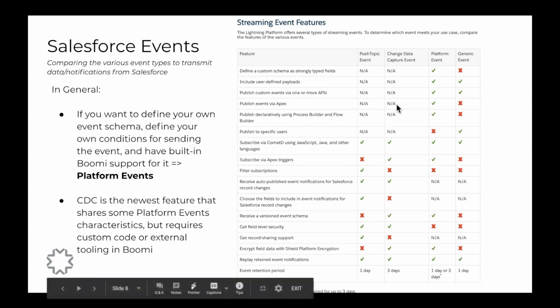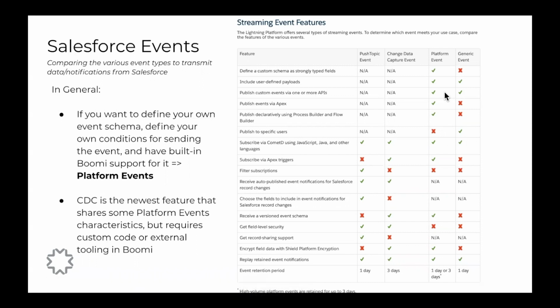Without draining this too much, the main bucket that we're going to talk about is platform events. Number one, because Boomi has a native connector for it. And then also because it has some of these core capabilities that we like from an integration standpoint. In particular, if you want to define your own event schema, which basically means defining the message that's going to be transmitted on a published scenario, platform events allow you to do that.